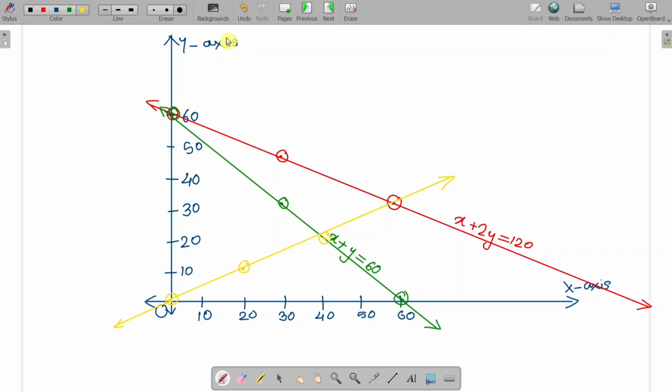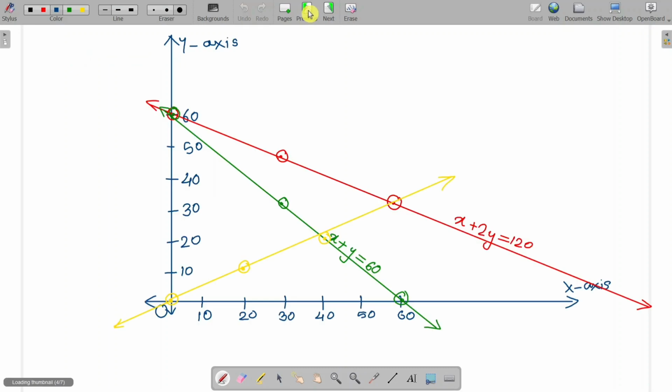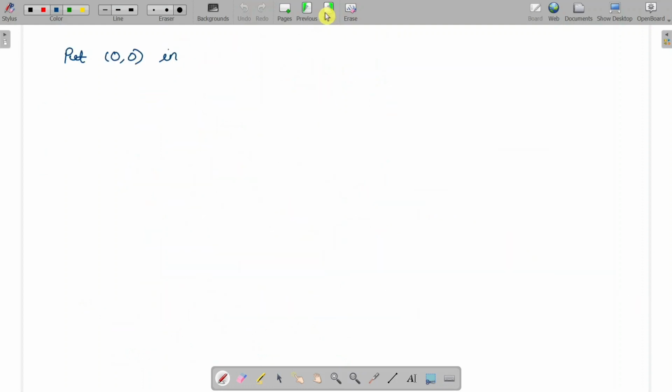Okay, now let us find the solution region for these 3 lines. So we have to put (0, 0) in the first inequality, x plus 2y less than or equal to 120.